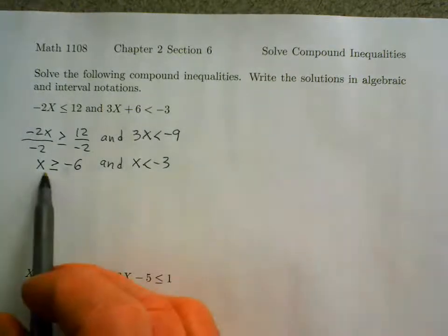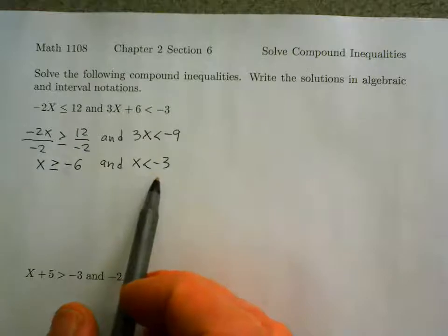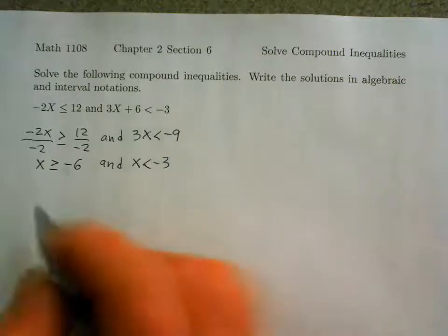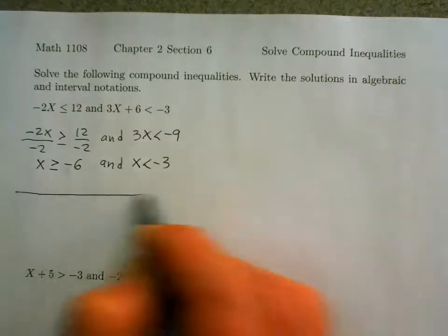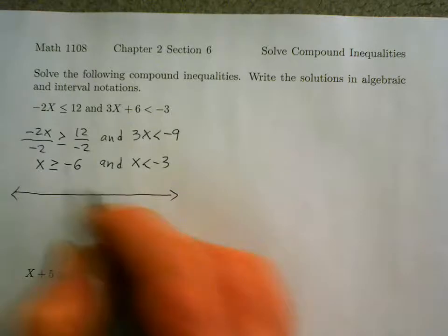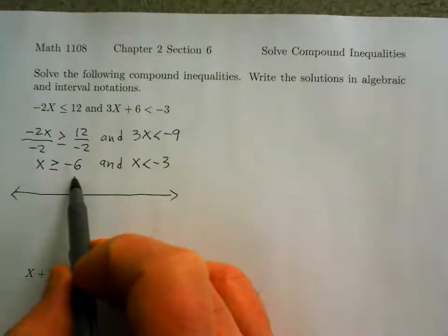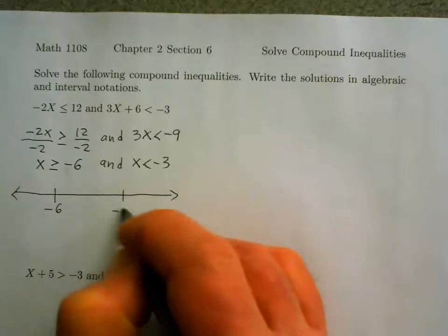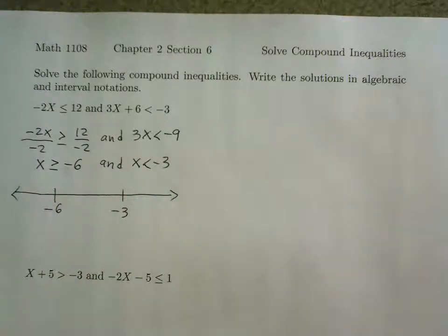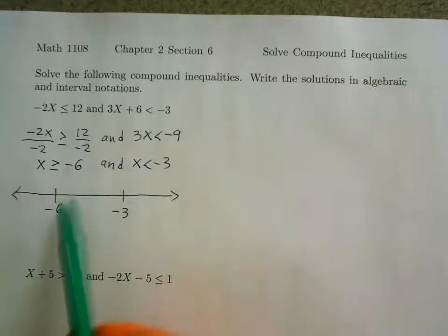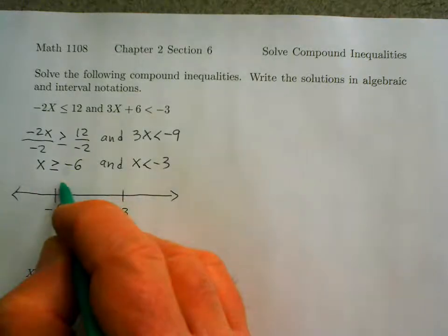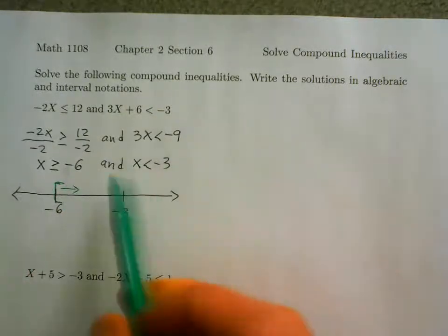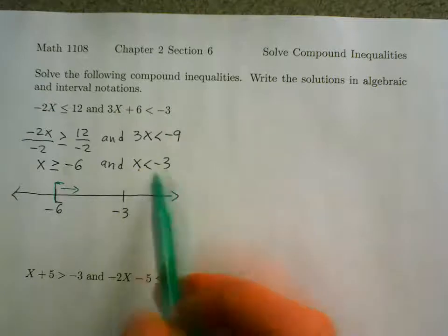Okay, then we want to write the algebraic and interval notations. So depending on how much detail you need to go into, if we plot the numbers negative 6 and negative 3, if x is greater than or equal to negative 6, it's from negative 6 and to the right, and at the same time x is less than negative 3.